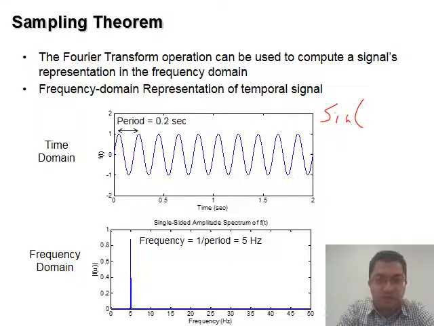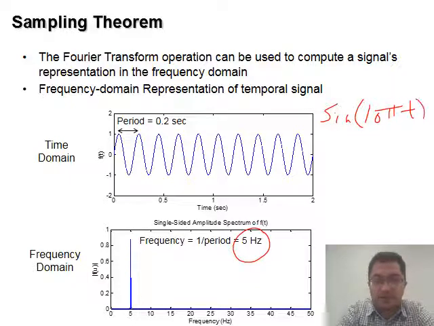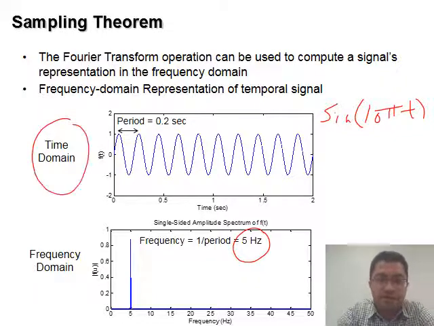Now if f is equal to 5 Hertz like in this example, then 2 pi ft would be equal to 10 pi multiplied by t. So that signal, sine of 10 pi t, in the time domain is what we have here. This is the time domain of the signal, and this is the frequency domain of the signal.